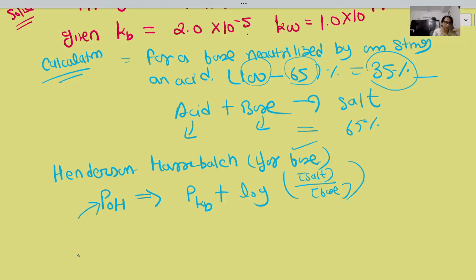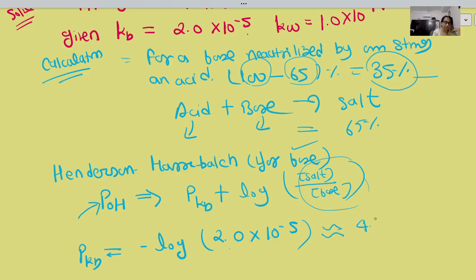Okay, now put the values in this formula. pKb is minus log of 2.0 × 10^-5, because the Kb value is given. After calculating, we get 2.0 × 10^-5, and taking the log, approximately 4.7.